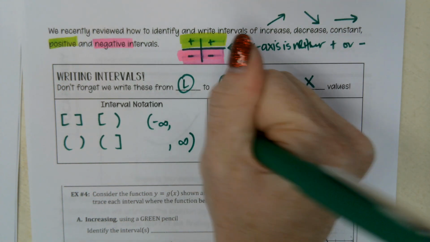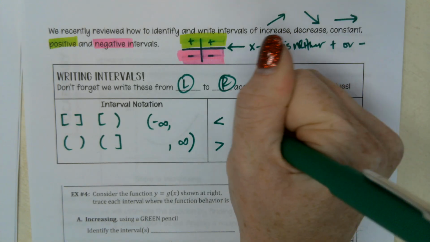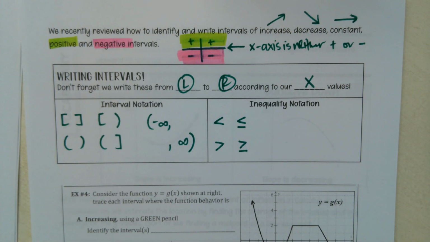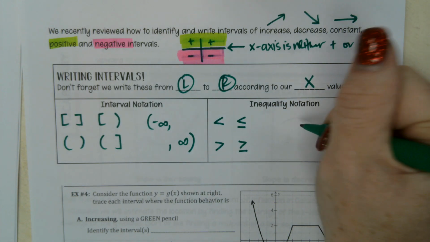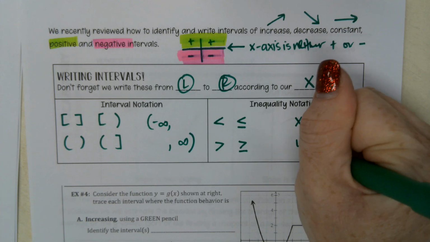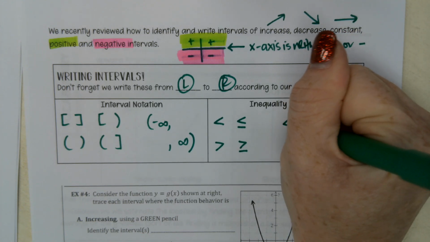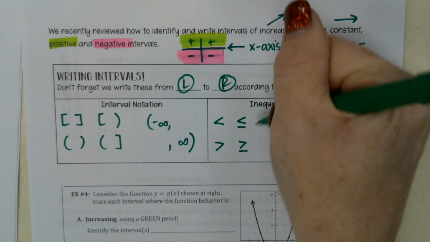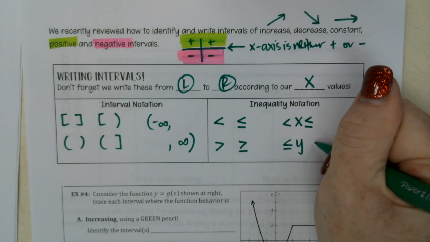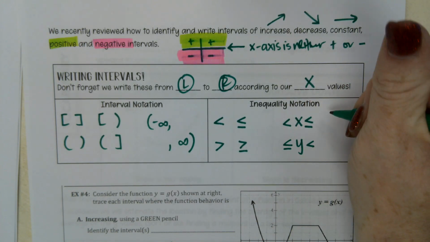Our inequality notation, we have less than, greater than, less than or equal to, greater than or equal to. And typically we use our x's for domain and our y's for range. So it might look something like that, where I've got numbers on either side or infinities, or something like that, that's fine.